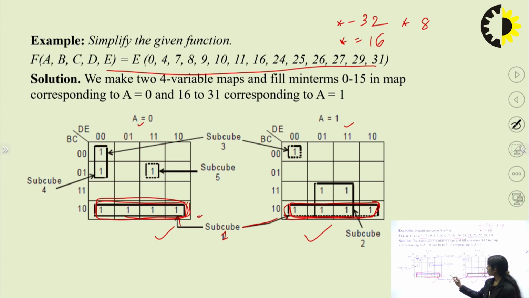After this group of 4, we have another set of ones which is common to both K maps. This one also forms a subcube with this one. This is at the same place in both K maps, so this can be treated as subcube 3.